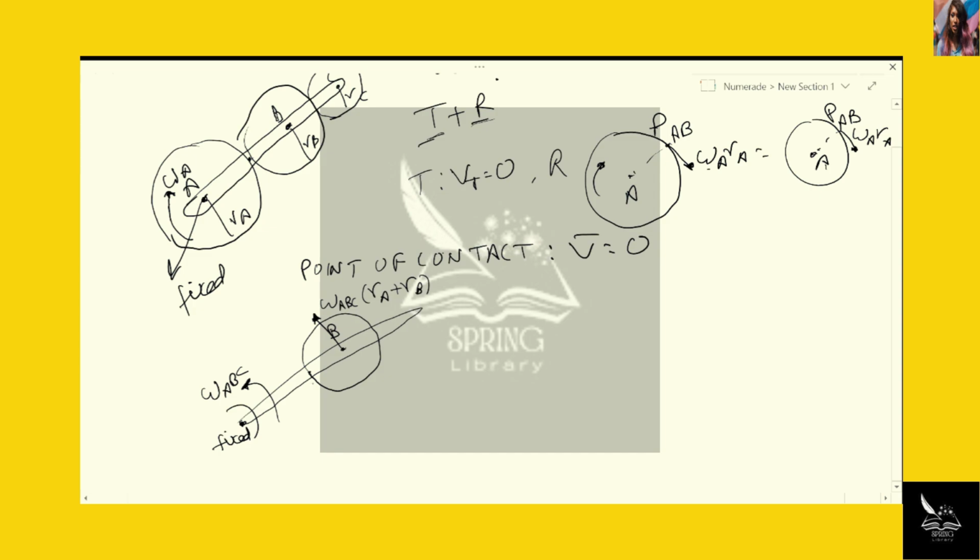So this point PAB will also have velocity omega ABC RA plus RB.